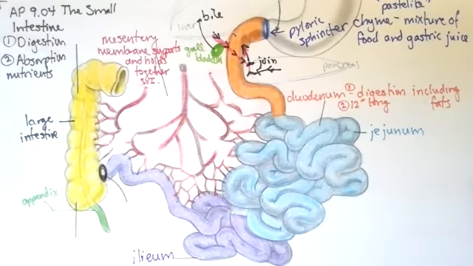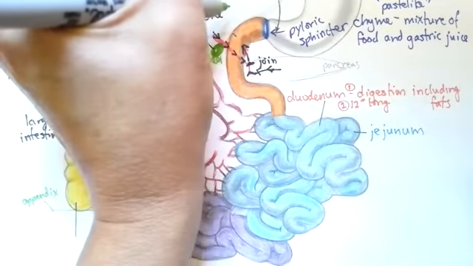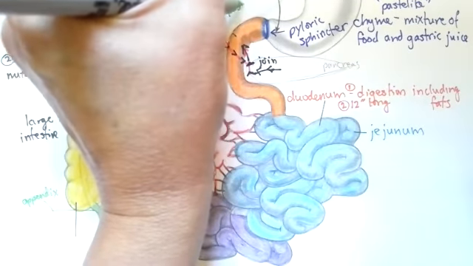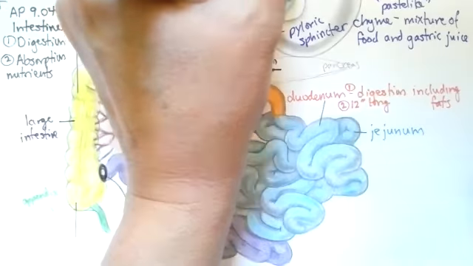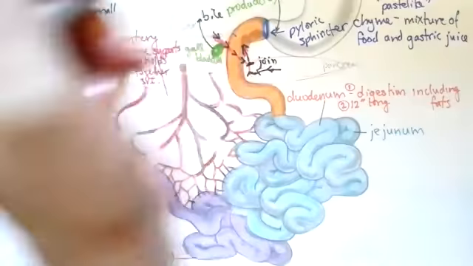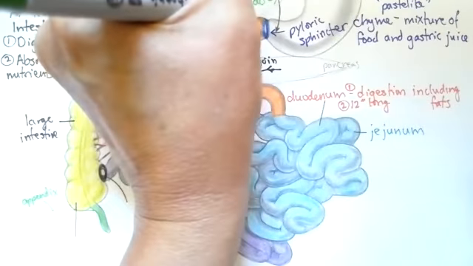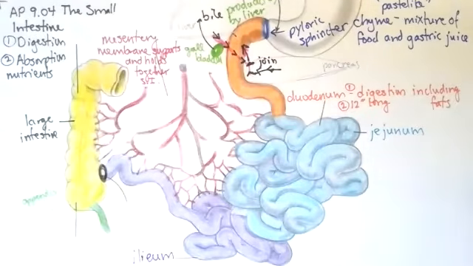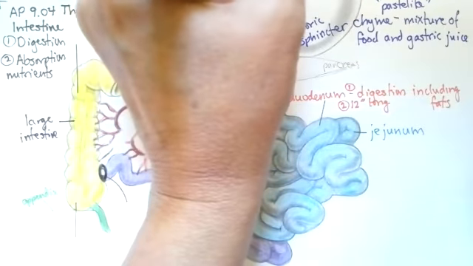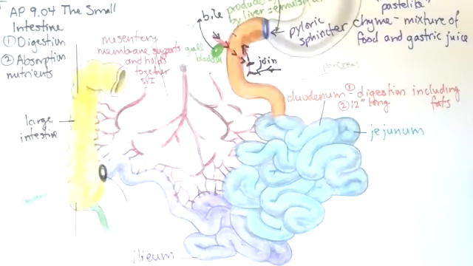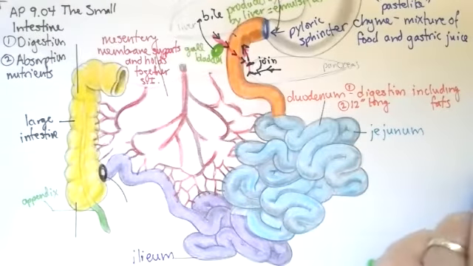Coming from the liver, bile gets produced by the liver, and it does something called emulsify. It emulsifies.